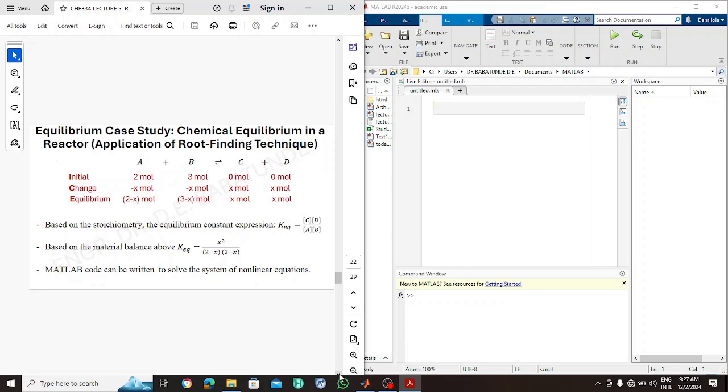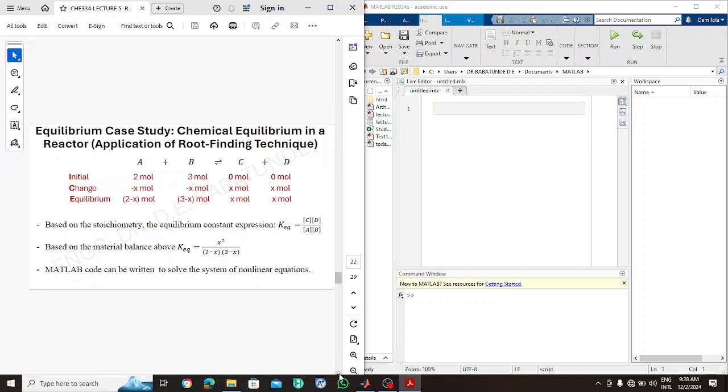Now this is a very simple equation because the stoichiometric coefficient here is 1. If we have values for A, B, C, and D that are not 1, you will discover that the degree of non-linearity will be higher, and it might be cumbersome to solve manually. It's the same knowledge we use to solve this seemingly simple equation that we use to handle situations where the stoichiometric coefficient is not 1.